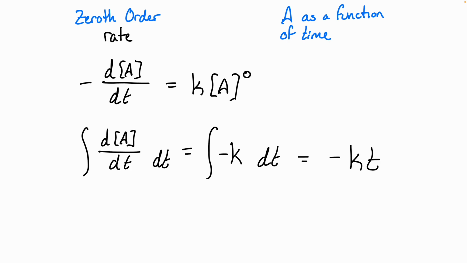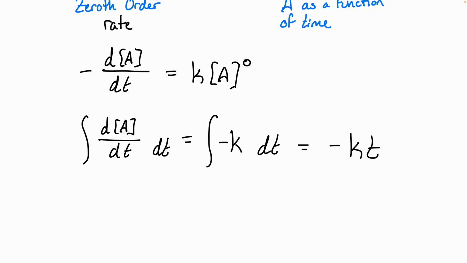Remember, when you integrate, you always get plus a constant, plus C at the end. In this case, these constants have a real meaning: it's the initial concentration of your reactant. Cool. That's how we would do this.